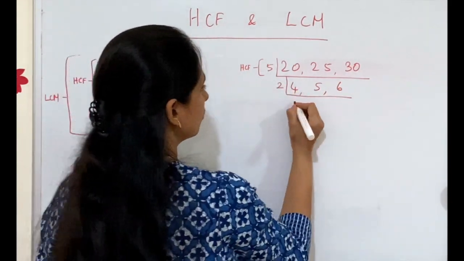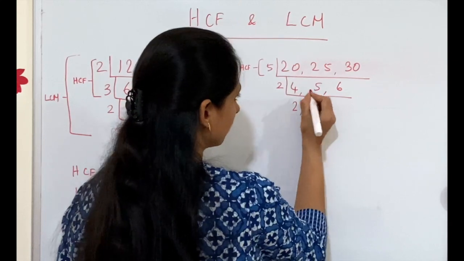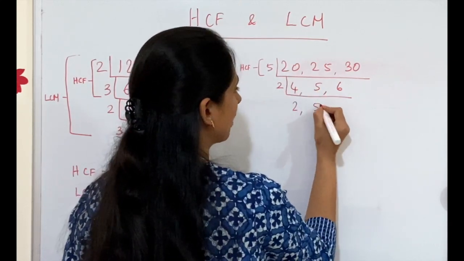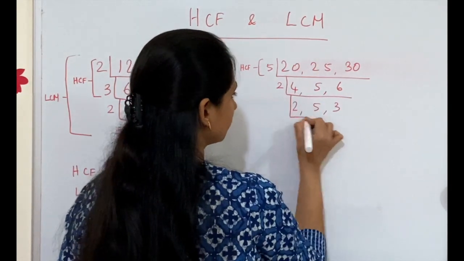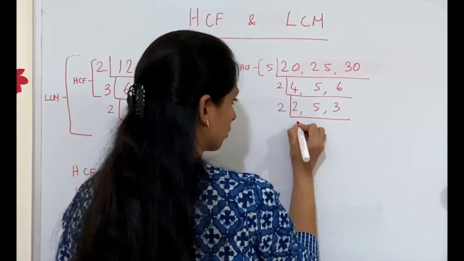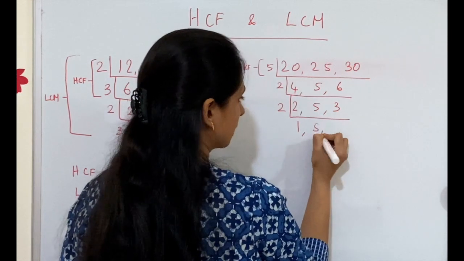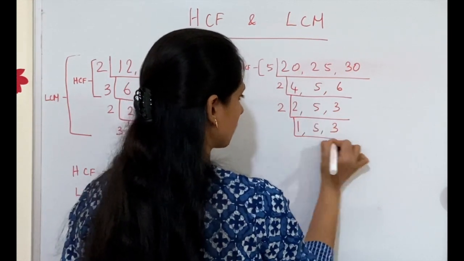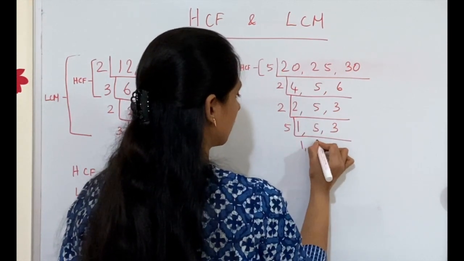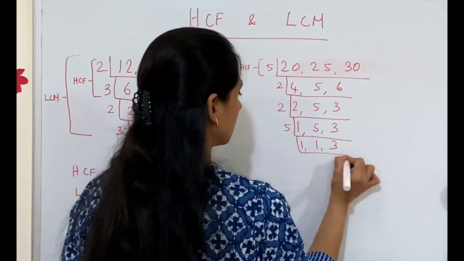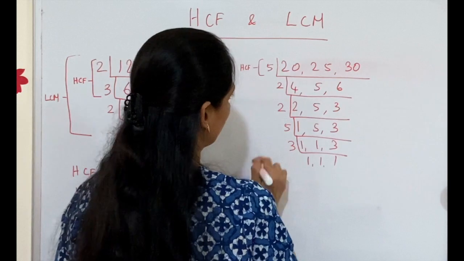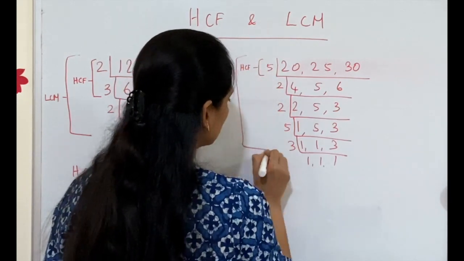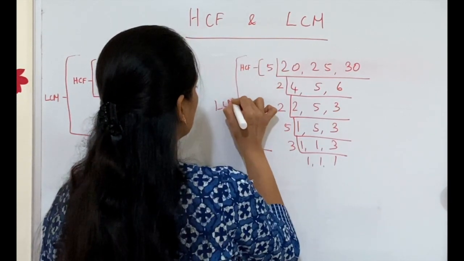So 2, 5 I don't have, 5 is not divisible by 2, so 5 I will write as it is. 6 divided by 2 is 3. Again I am doing 2, I will write 5 as it is, 3 as it is. 5, 1, 1, 3, 3, 1, 1 and 1, till I find 1, 1, 1. So all this will be the LCM.